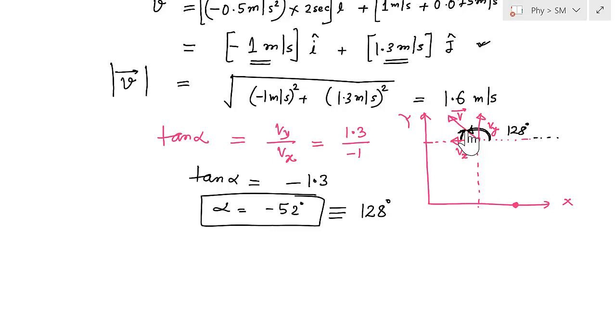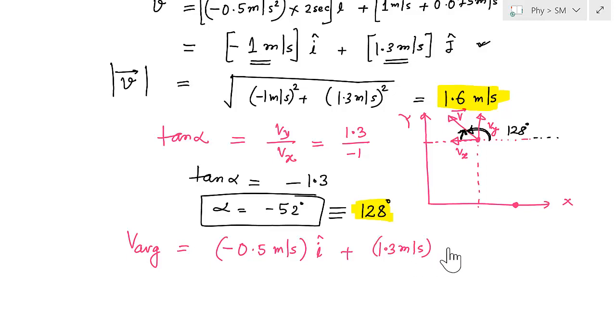So we calculated the magnitude of velocity and also the direction of the velocity. When we have instantaneous velocity, there are two important things. The magnitude in this case is 1.6 meter per second, and the angle is 128 degrees. If you remember, we calculated the average velocity between 0 and 2 seconds, and that was V average equals minus 0.5 meter per second i cap plus 1.3 meter per second j cap.